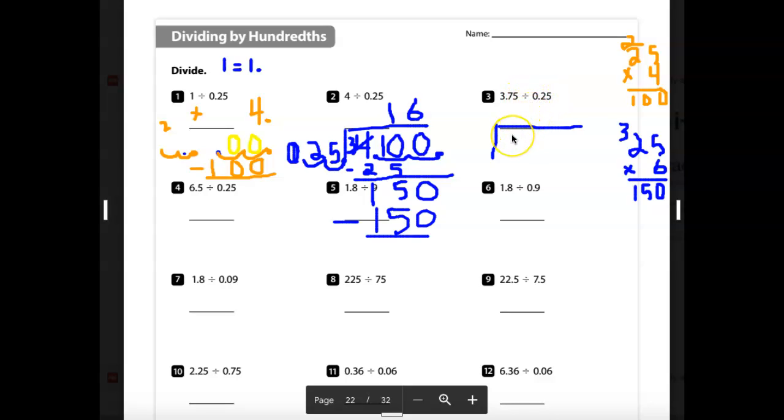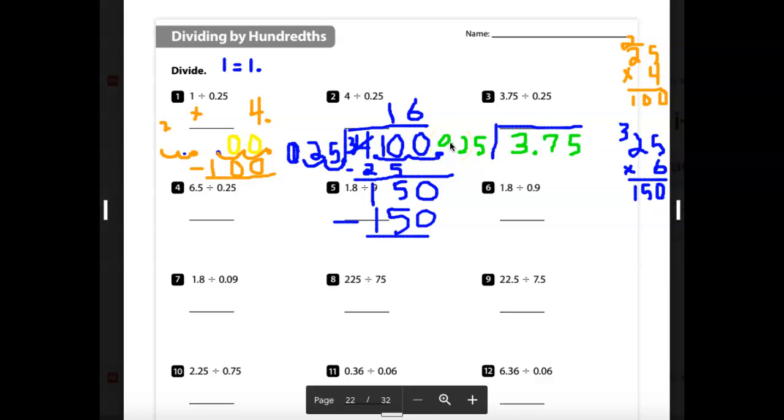All right, so we're going to put the 3.75 in here, divided by 0.25. All right. So, what do you remember about decimals in the divisor?